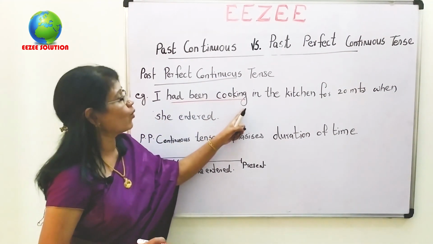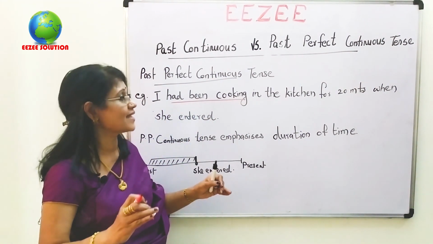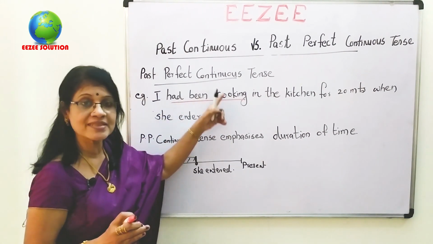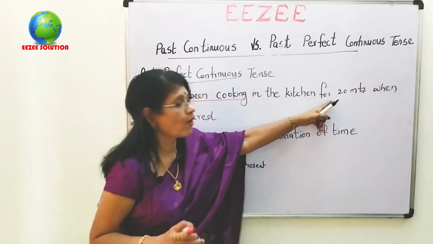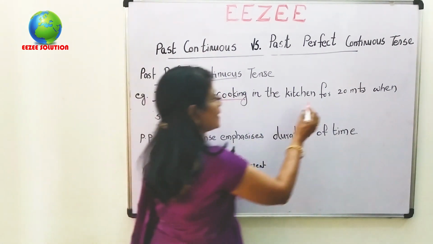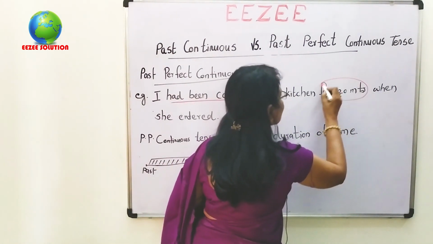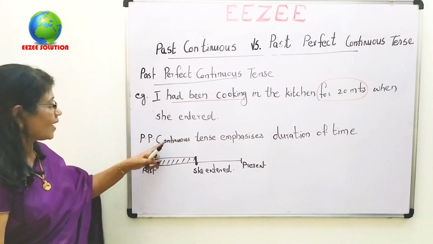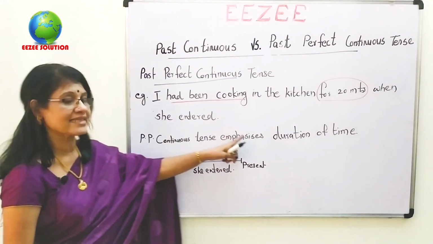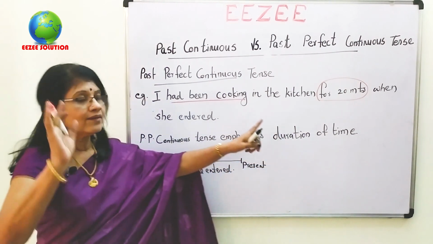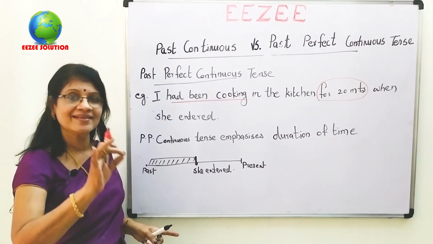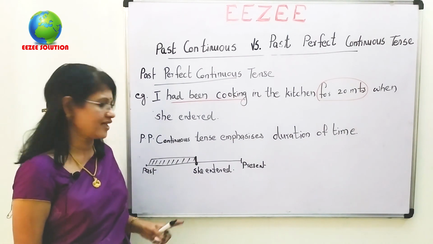I had been cooking in the kitchen for 20 minutes. At that time she entered. So, here we give emphasis to the duration of time, for 20 minutes. Past perfect continuous tense emphasizes duration of time, but past continuous tense emphasizes the continuity of the action.